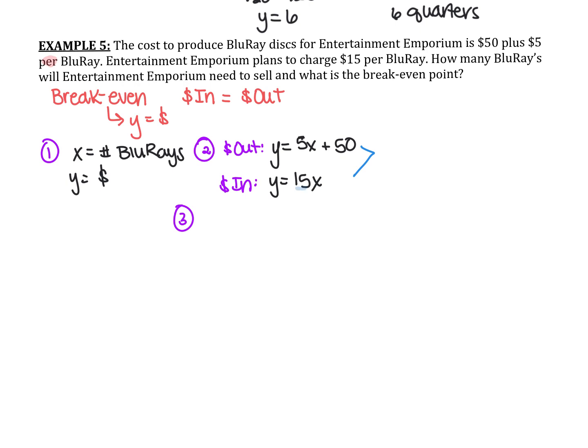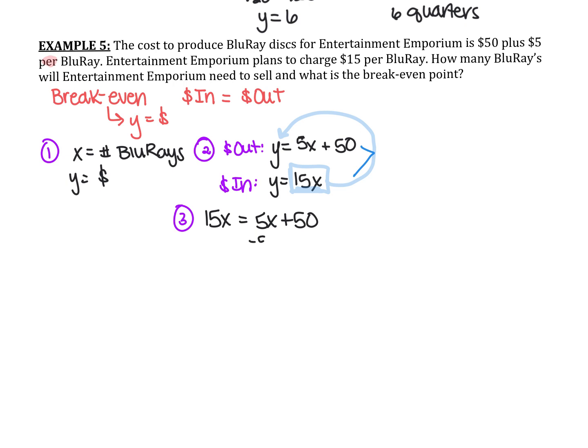We know that y equals 15x, and so I'm going to take what y equals and substitute it in place of y in the first equation. So we would get 15x in place of the y equals 5x plus 50. And now I can solve.